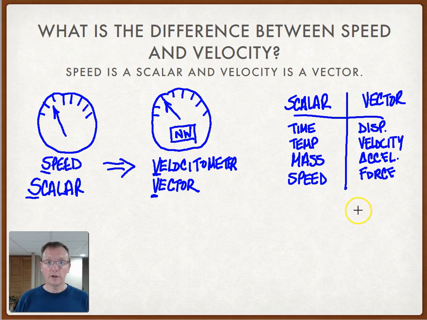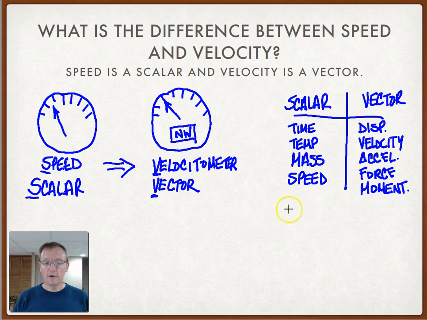If you're in a collision, which direction your car has momentum is going to make a big difference for where the car ends up and how much damage it incurs. And so momentum is another type of vector. So you can see that we have lots of different types of examples. I'm just going to put moment there, but you get the idea. That's momentum. So we have different examples of scalars and different examples of vectors.